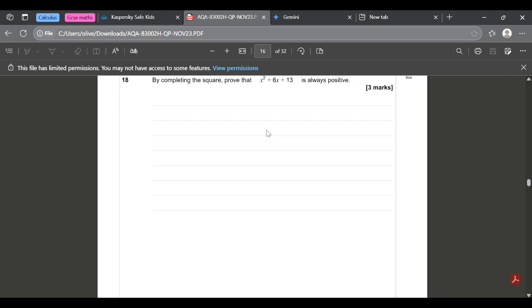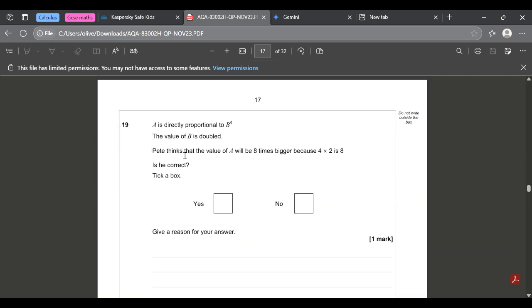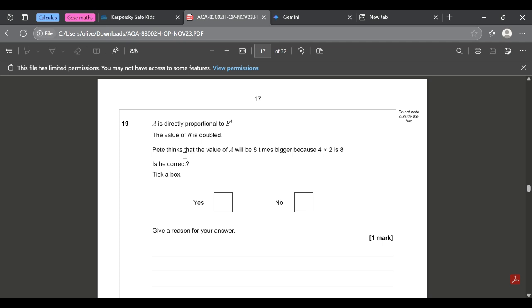Okay, A is directly proportional to B to the power of 4. The value of B is doubled. Pete thinks the value of A will be 8 times bigger because 4 times 2 is 8. Is he correct? Well, this is quite a bit more difficult than the other question.